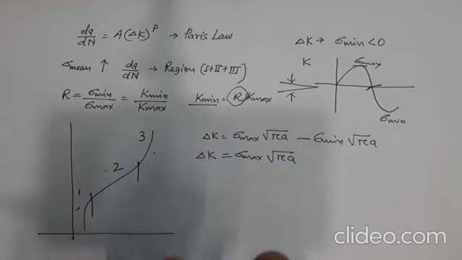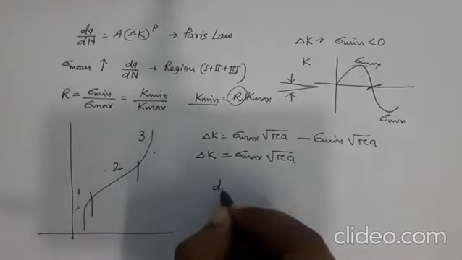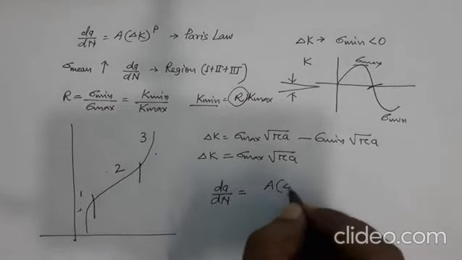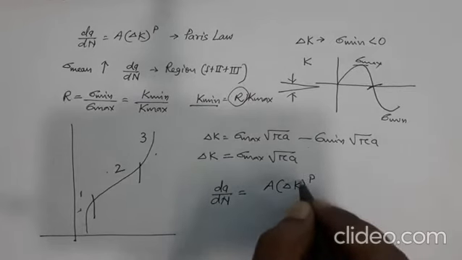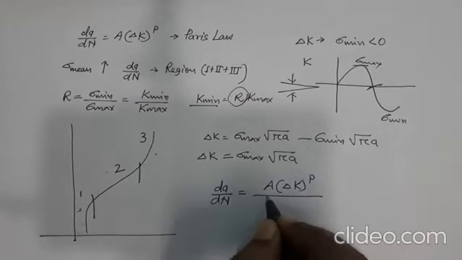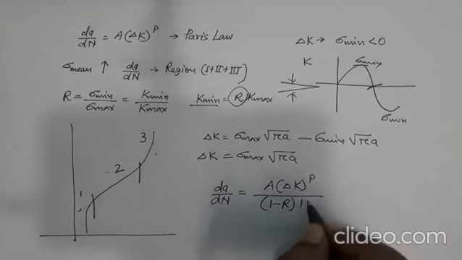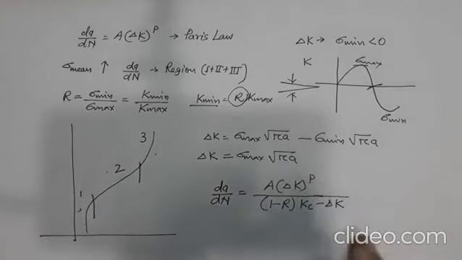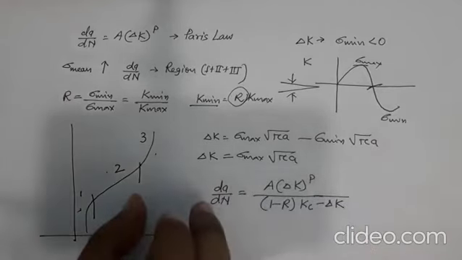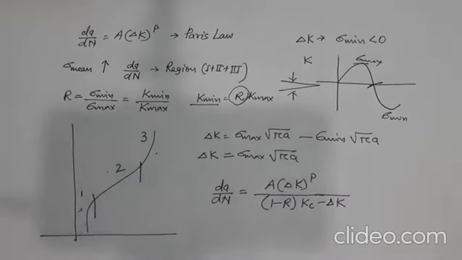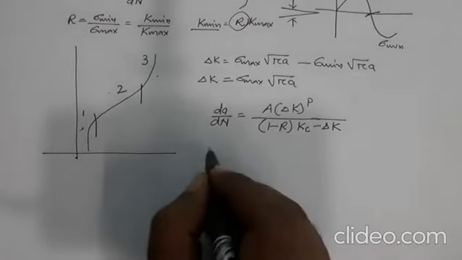Now once we have understood this, the effect of R on Paris law can be described by this equation, which is you just have the simple Paris law, and then you have a factor which decreases the amount of crack growth, Kc minus delta K. Okay. So if you take the denominator on the left hand side, that defines a factor which says that, or you can break it down to understand something.